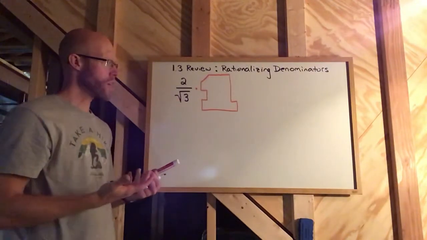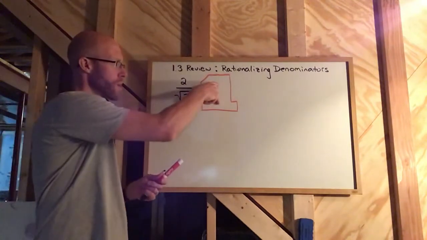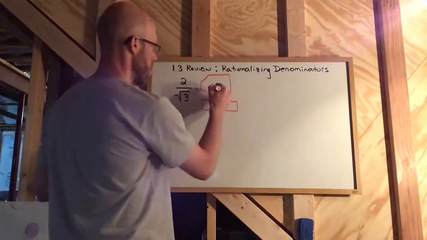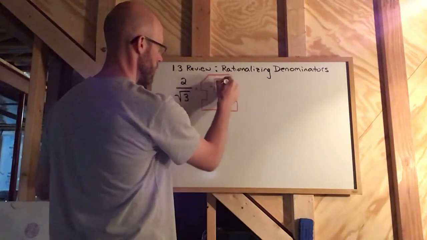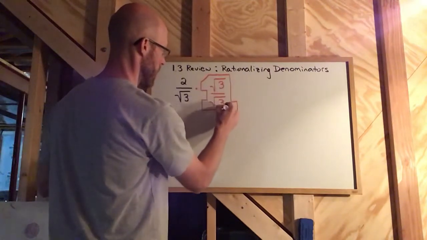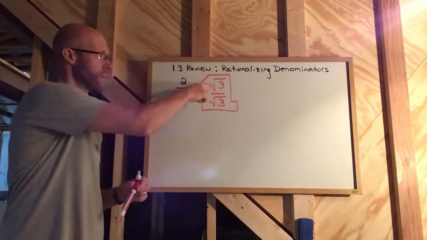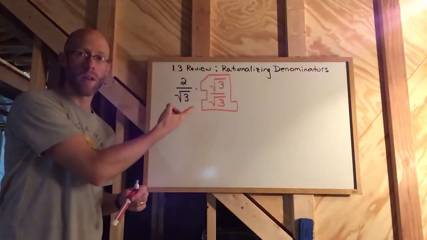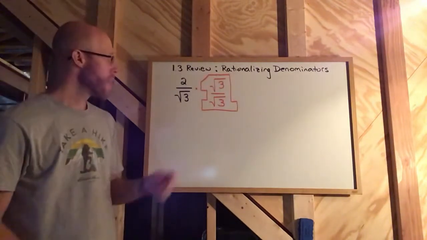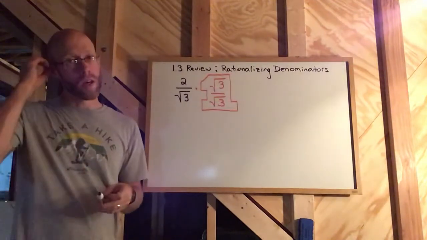So let's say we use a clever idea here, and we rewrite this 1 as square root of 3 divided by square root of 3. Remember that anything divided by itself is 1, so that has to be 1, right? Square root of 3 over square root of 3. And anything times 1 is itself. It hasn't changed value.